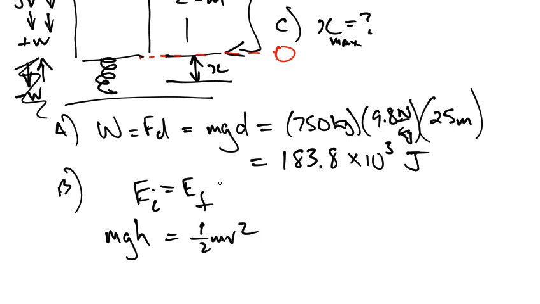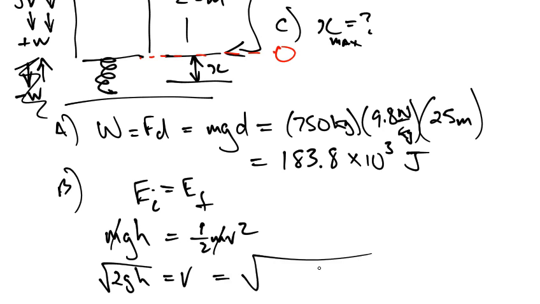And of course the spring isn't yet compressed at location 0, so therefore there's no elastic potential energy either. Let's cancel out the m's and solve for v, and we get the square root of 2gh equals v. And so that's going to equal 2 times 9.8 meters per second squared times a distance of 25 meters.